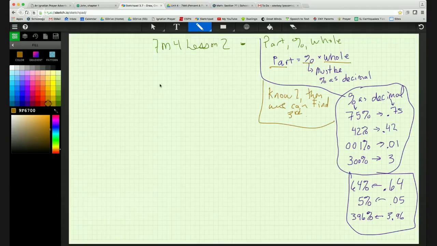So part equals percent times whole. Let's start with the whole. Let's say we have 400 kids, and 25% of kids are in 7th grade.